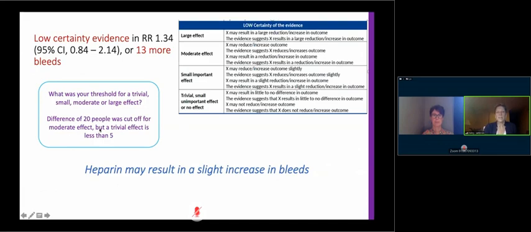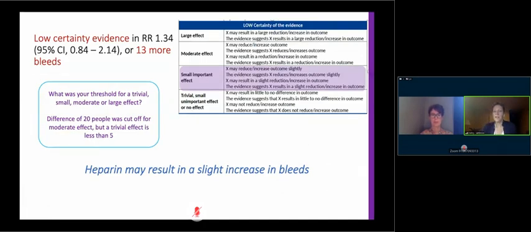But because it's sitting in between the 20 and the 5, we are actually in our range of a small effect. So we would follow our statements. We have low certainty evidence, so we're in that part of the table. We are now at small important effects, and so these are the suggested ways that we could communicate our results. And so we could say that heparin may result in a slight increase in bleeds. And that's how we would get to that.